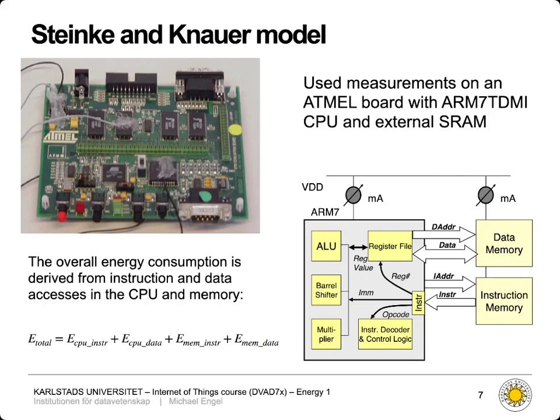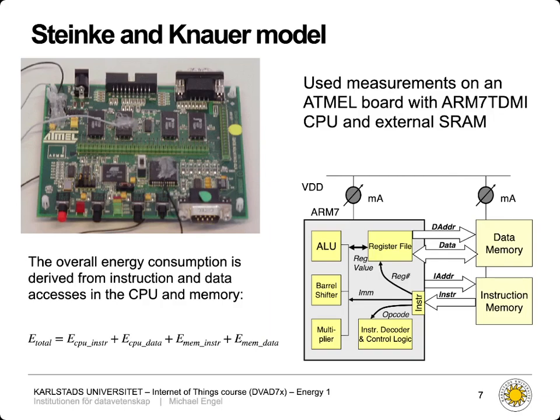And of course, people did this. So Steinke and Knauer did this in Dortmund in Germany. So they built one of the very first useful energy models for embedded computers. So you see their experimental setup on the top left-hand side. This is an Atmel board with an early ARM7 microcontroller, an ARM7 TDMI.